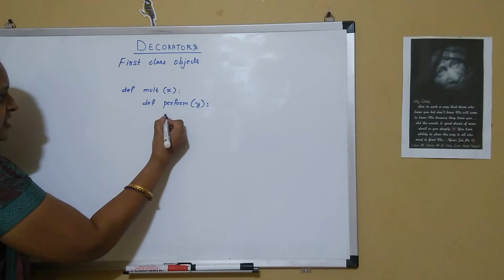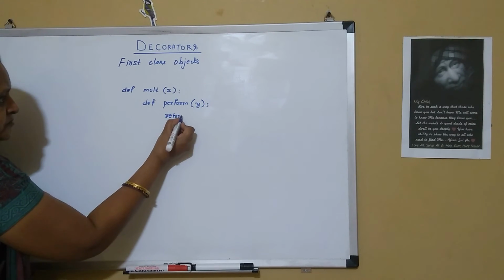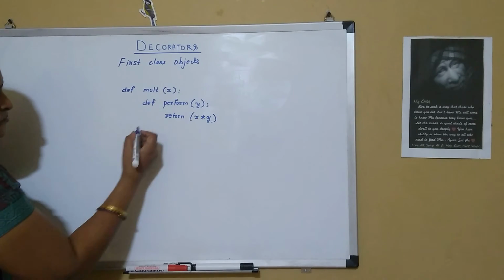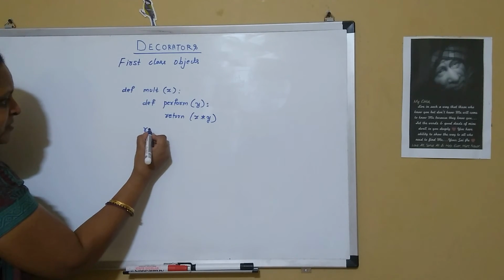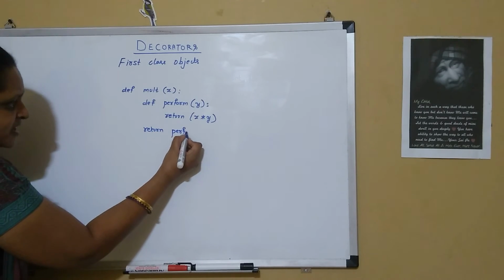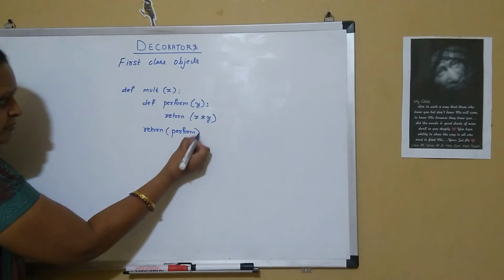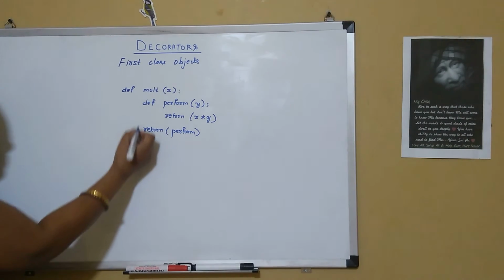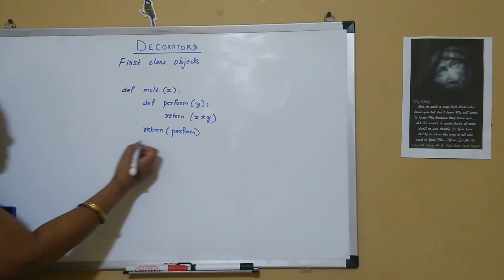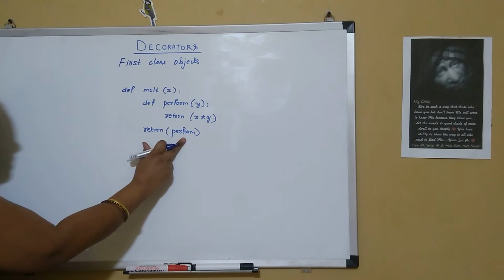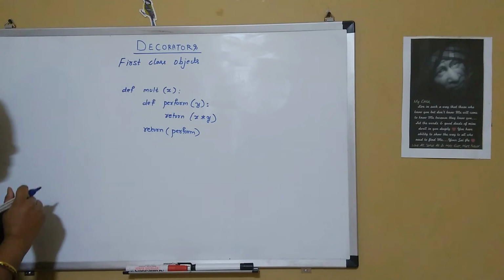And now let me say return x into y, and here let me return perform. So I am returning another function called perform. Let me explain to you later. But this particular mult function is returning the inner function, that is perform.